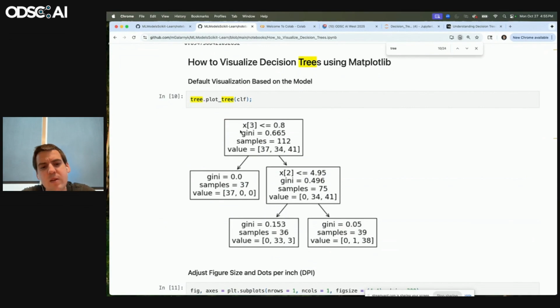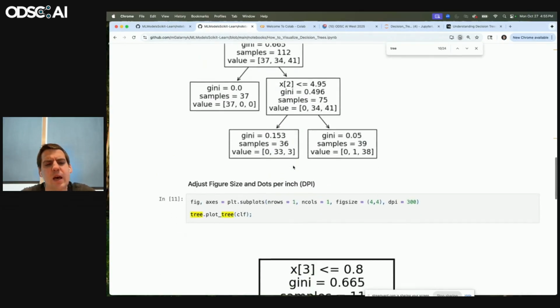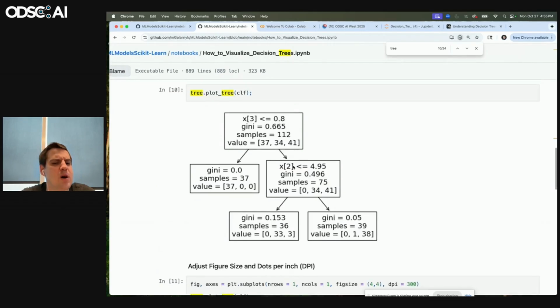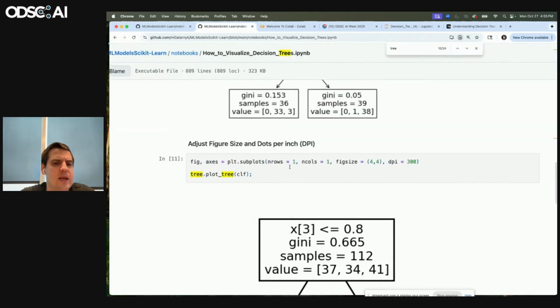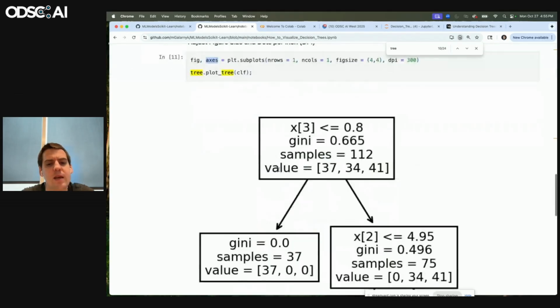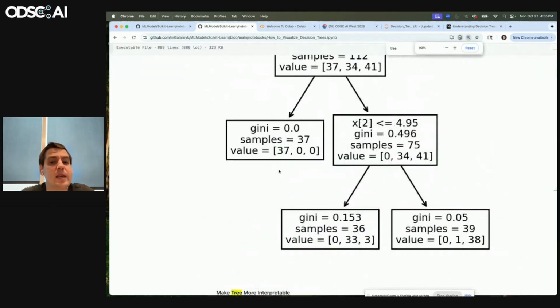We see here that it's telling us if something is less than or equal to 0.8, then depending on that, you go left or right. It's really hard to tell, honestly, and it's a little bit small, so it's not perfect. You can do little things like make a figure and an axis and make it a bit bigger so people can see.